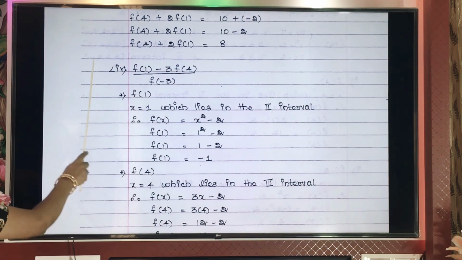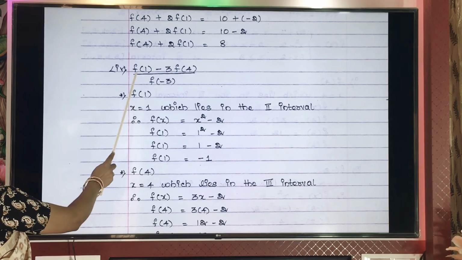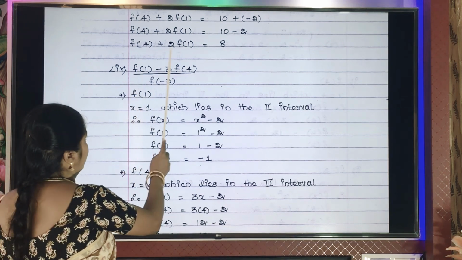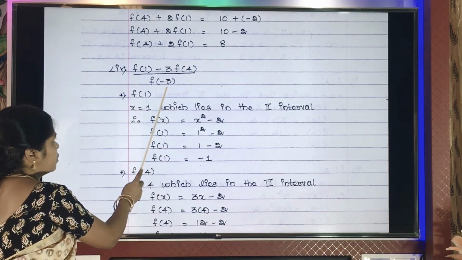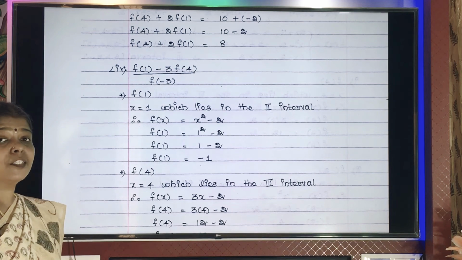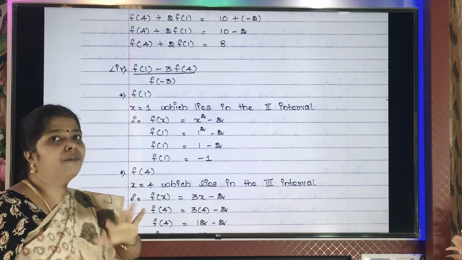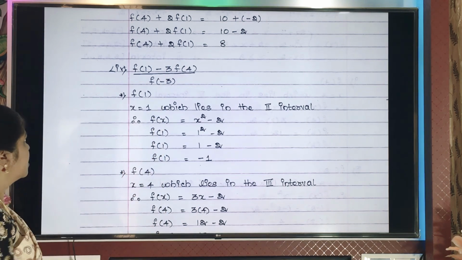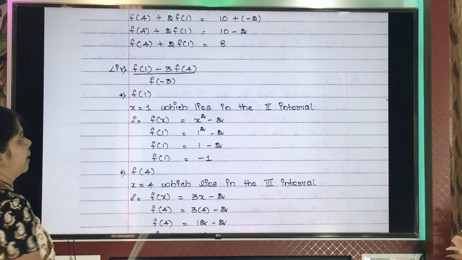Now the fourth subdivision, which is the last subdivision I believe. We want f of 1, we want f of 4 and we also require f of minus 3. So 3 times we need to find all this. Then only you can compute what they have asked. First let me find f of 1.